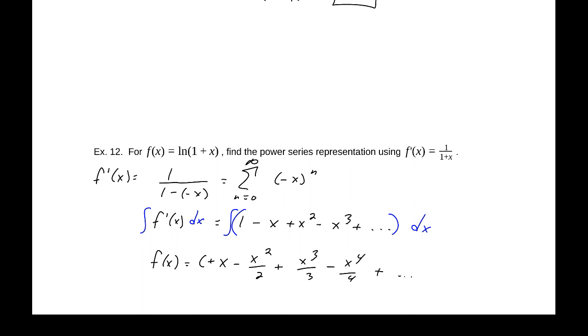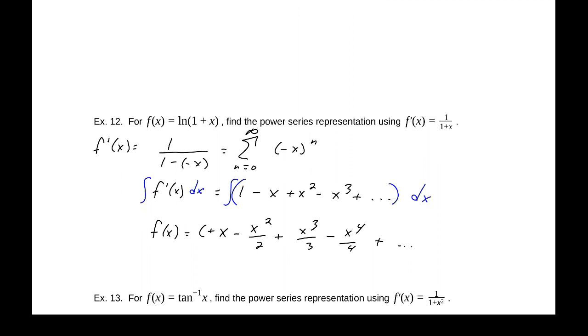Well, because this is natural log of 1 plus x, if we evaluated x equals 0, that would tell us that we have 0 equals c plus 0, so therefore c equals 0.